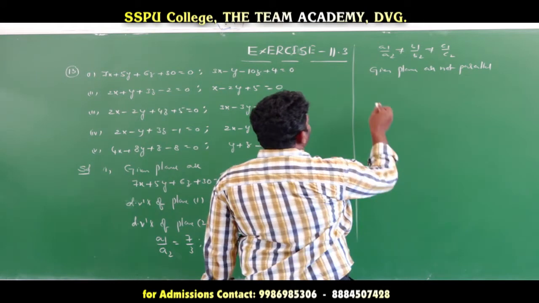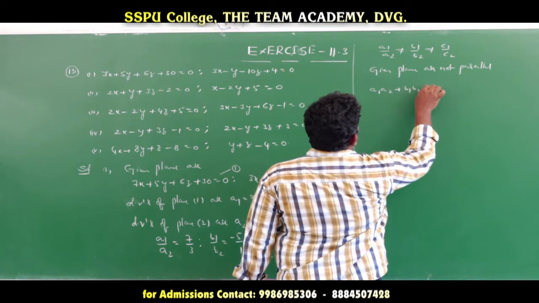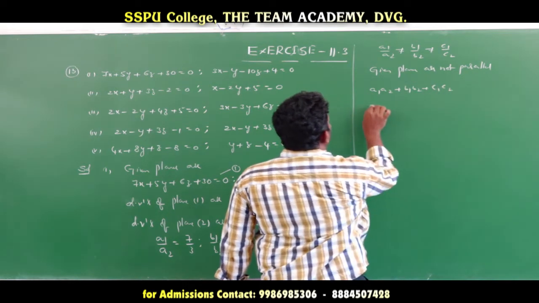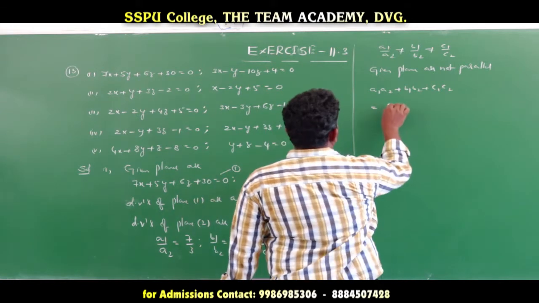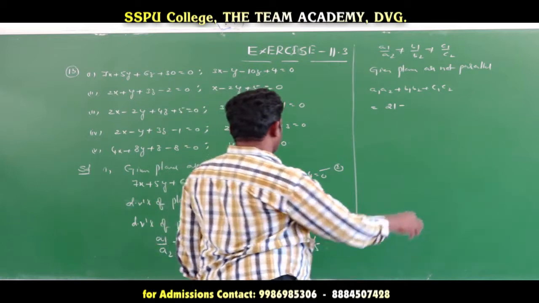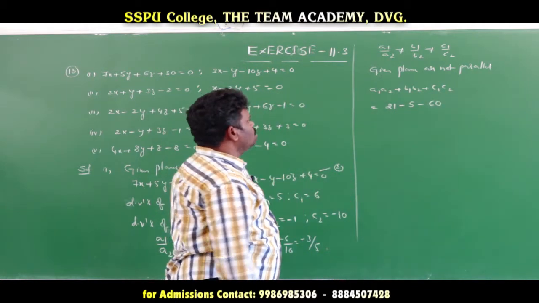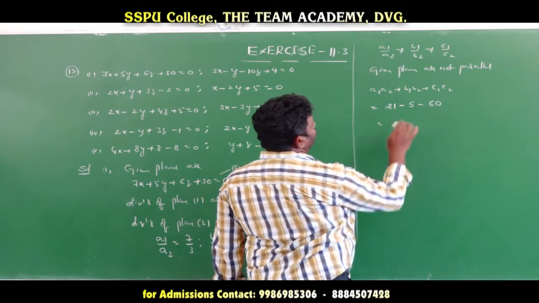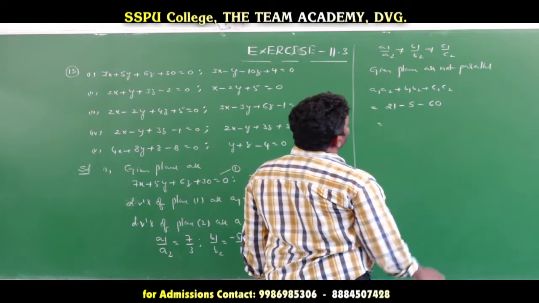The condition for perpendicular is A1 A2 plus B1 B2 plus C1 C2. That is 3 into 7, 21, minus 5 into 1, minus 5, and then minus 60. So the value is 65 minus 21, which means this value is also not equal to 0.